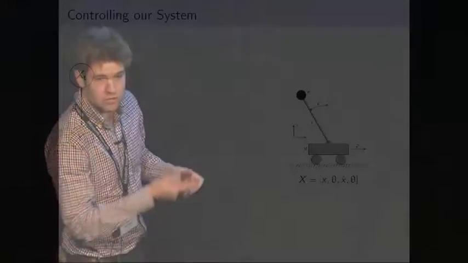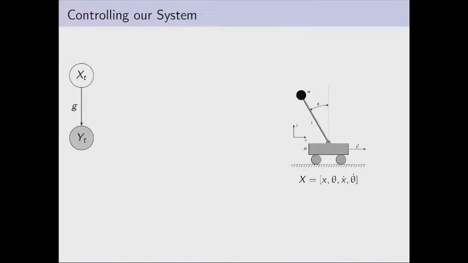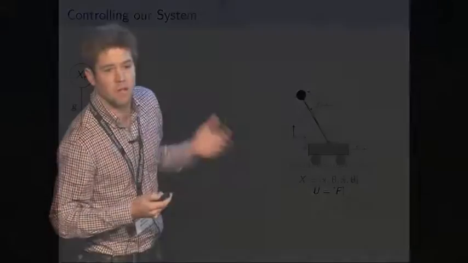So we start off with this, and then we've got some noisy sensors, which are giving us data on this system. So we've got some y, which is related to x, except it's got some noise added on. And from y, we're going to make a decision, given by the rectangle box u, about what force we're going to apply to the cart in order to control it.